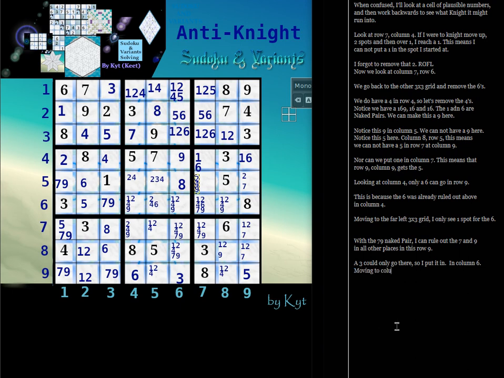Okay, moving to column 1, I see where only the 5 can go.